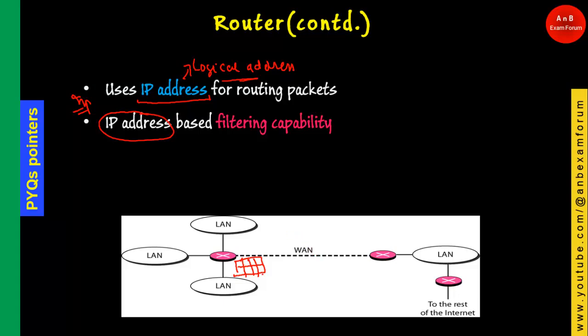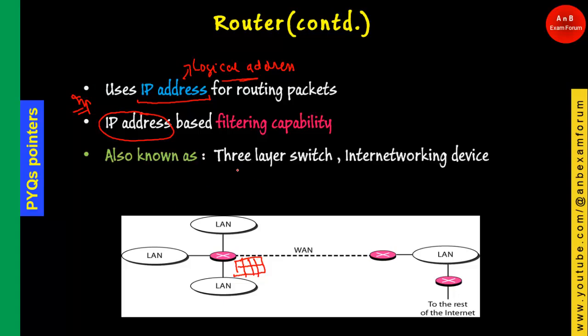It is also known as a 3-layer switch because it works at the 3rd layer, and also known as an internetworking device. Internetworking device means it is going to connect two different networks. Since you are connecting the internetwork, that's why it is known as an internetworking device, whereas it works at the 3rd layer, so it is known as a 3-layer switch.